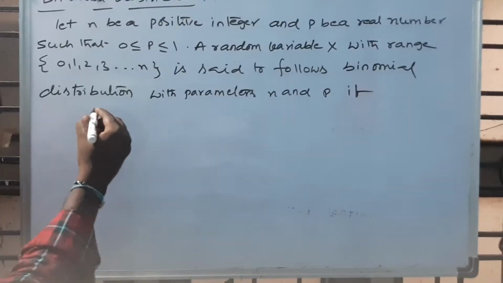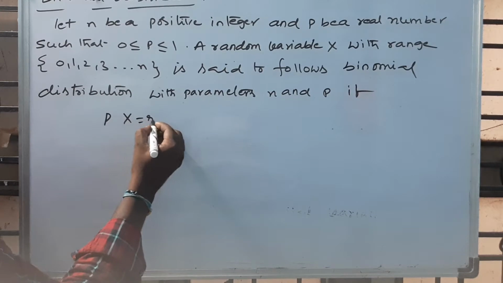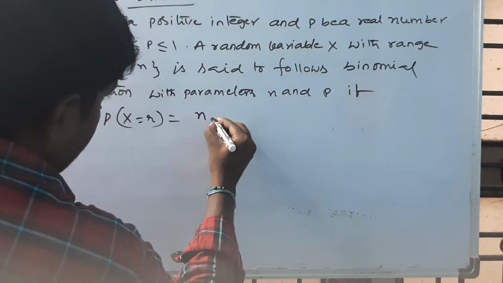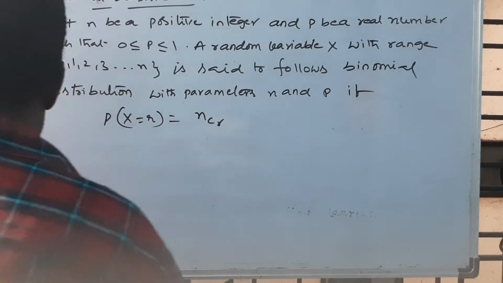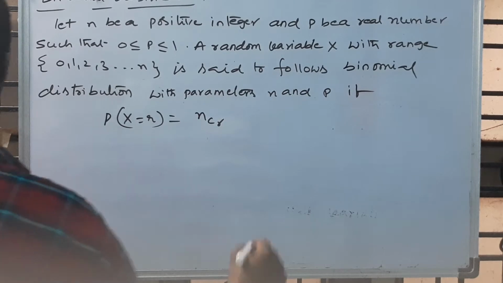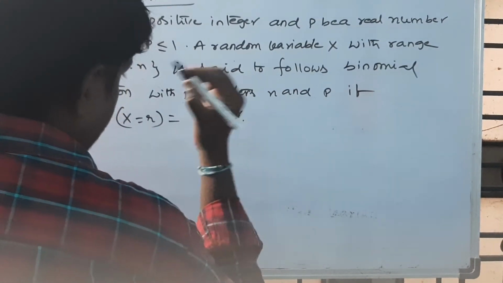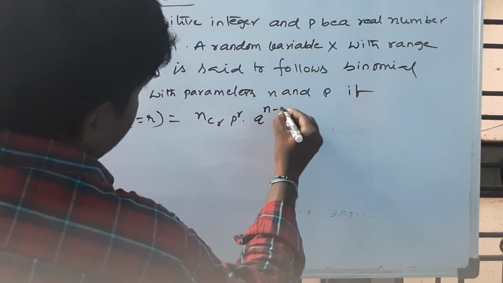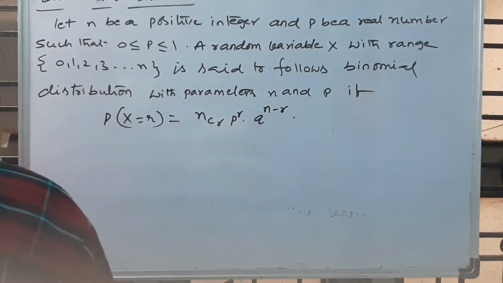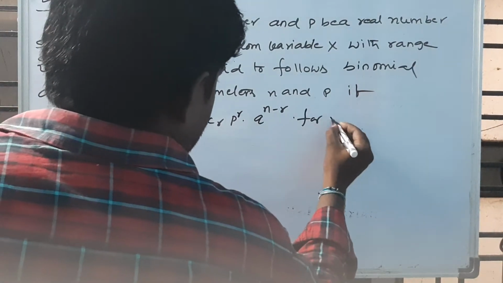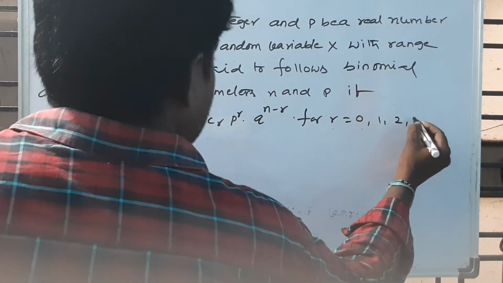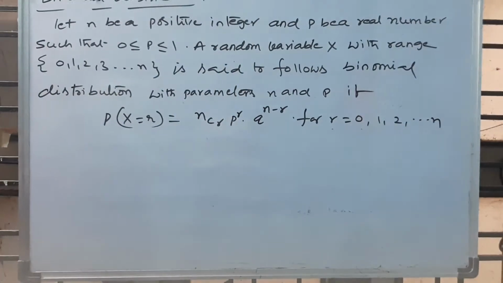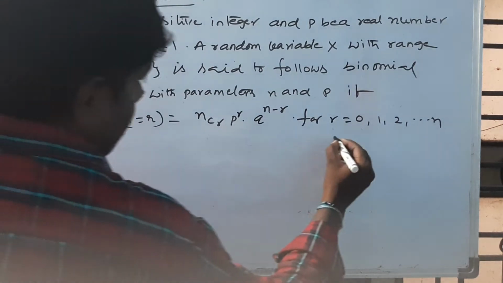If P of x equals r is equal to nCr into p power r into q power n minus r, for r equal to 0, 1, 2 and so on up to n, where q is equal to 1 minus p.